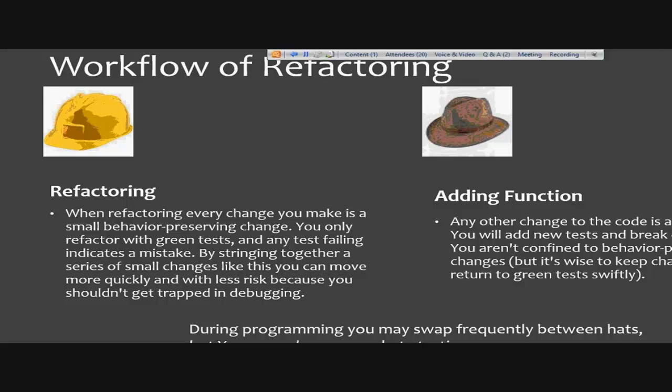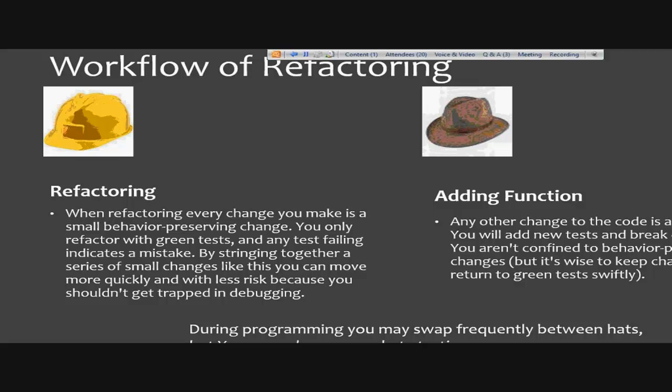What he says is, whenever we are doing software development, irrespective of whether we are practicing TDD or not, as programmers we are wearing two kinds of hats. First is refactoring and second is adding functionality or features.